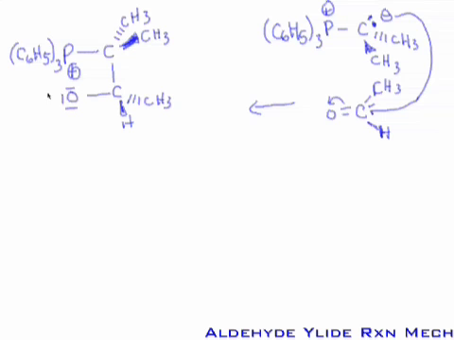You can guess what's happening. The O minus gets attracted to the phosphorus plus, and because there's empty d orbitals, electrons can be dumped, and you can temporarily form a very strained four-membered ring.